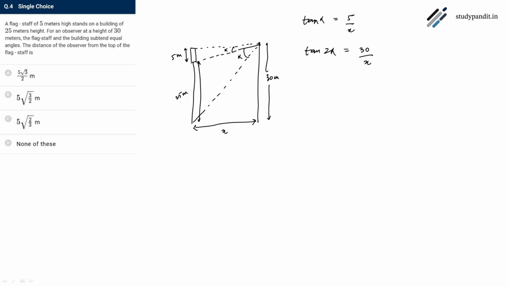So we will have 2 tan alpha divided by 1 minus tan square alpha is equals to 30 by x, 10 by x, 1 minus 25 by x square is equals to 30 by x.